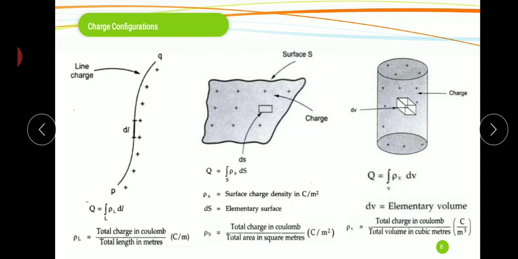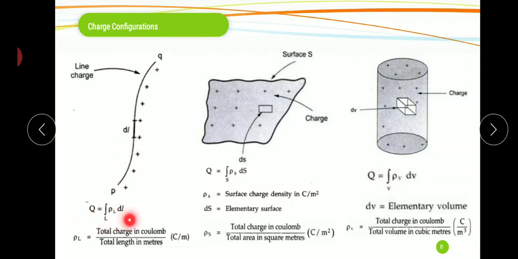For example, it is a line having some length L, but we have to take only a smallest length, that is dl. Now to find the total charge, that is the entire charge in this line, we integrate this dl. That's why we are using integration.